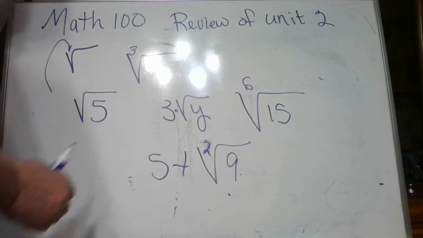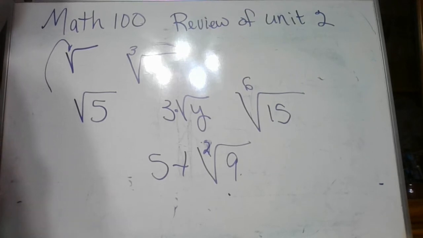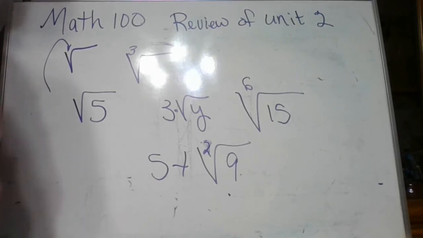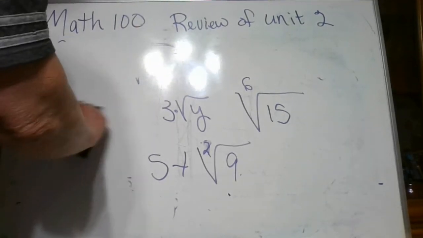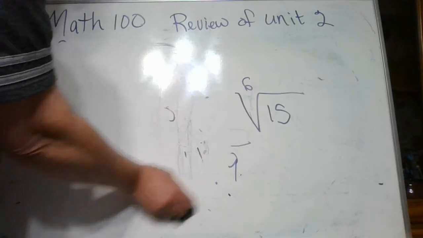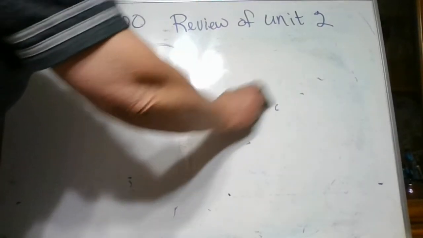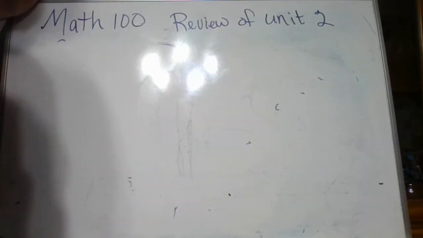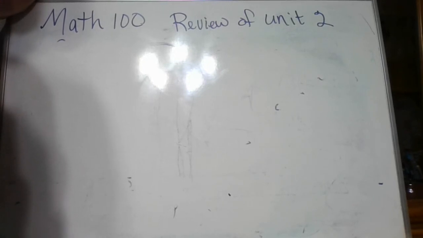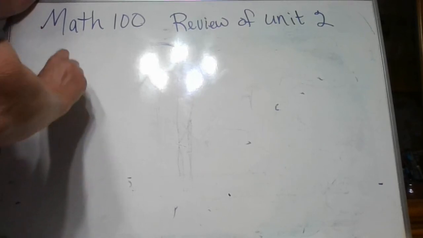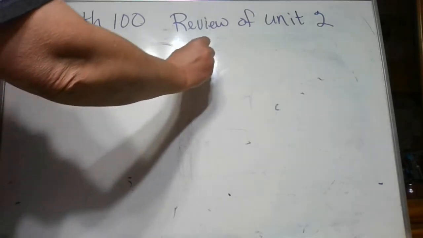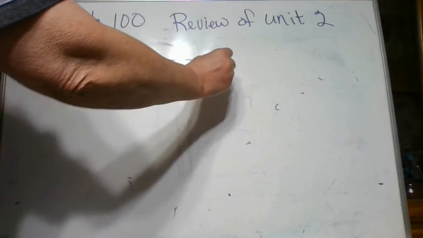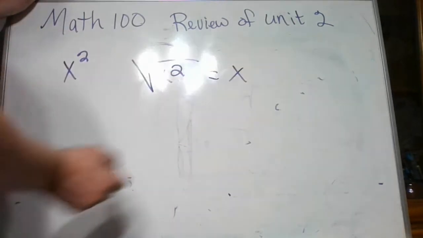So if you remember, the opposite of addition is what? Yep, you're right, it's subtraction. The opposite of multiplication is? Yep, you're right, it's division. So the opposite of squaring a number is, like if I have x squared, the opposite would be to take the square root of x squared, which would be x.